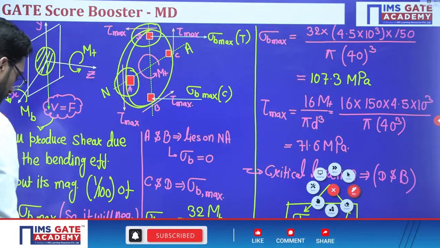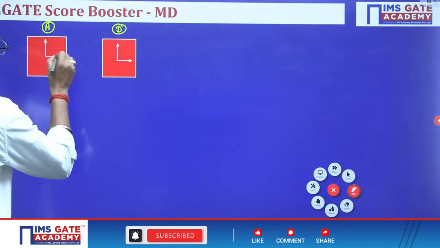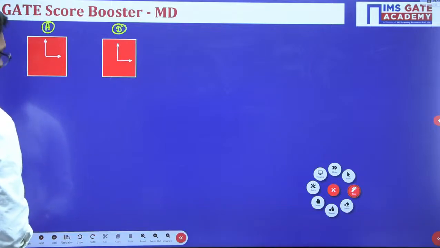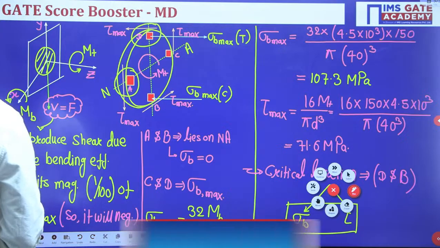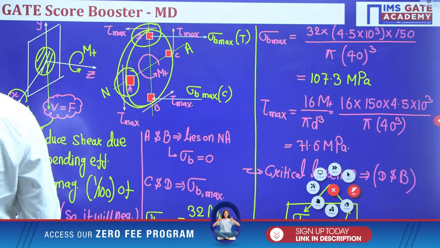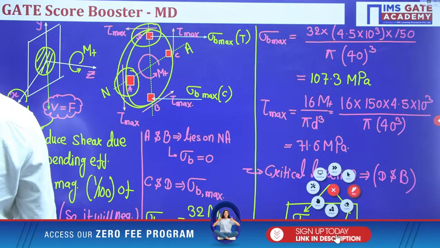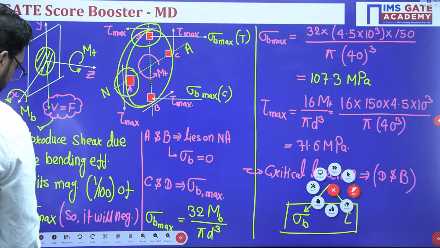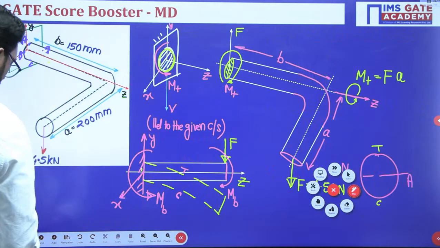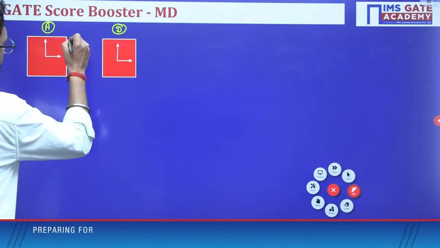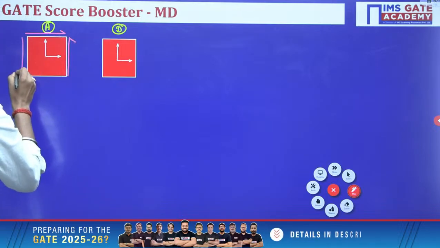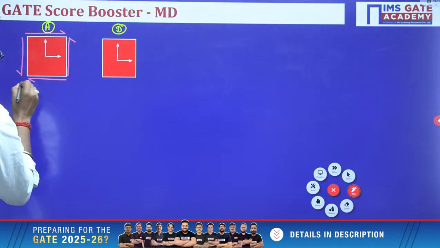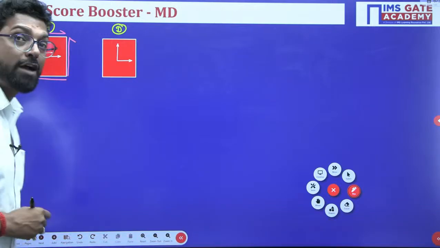In this condition, the normal stress is 0 at point A. Only the shear stress is there, so at point A it is pure shear, tau.